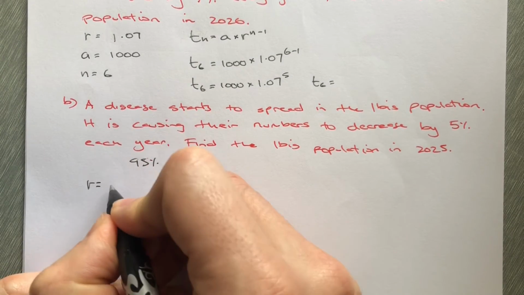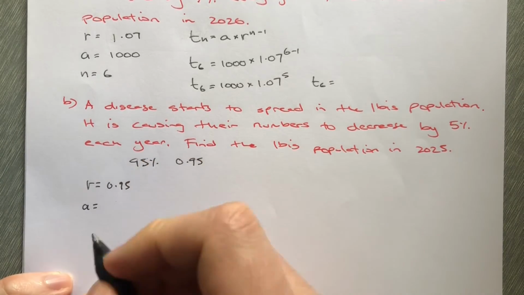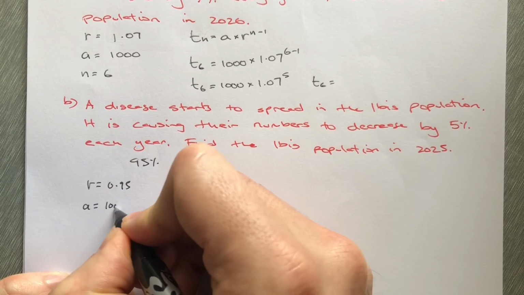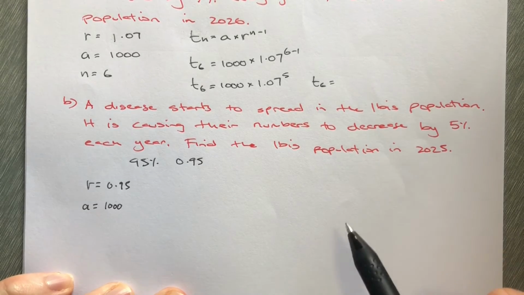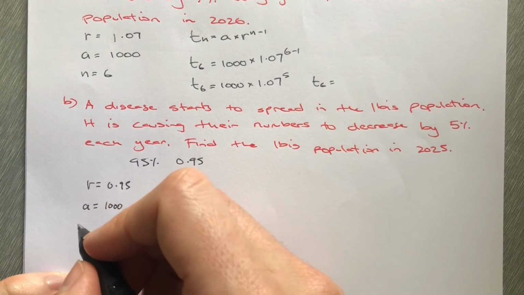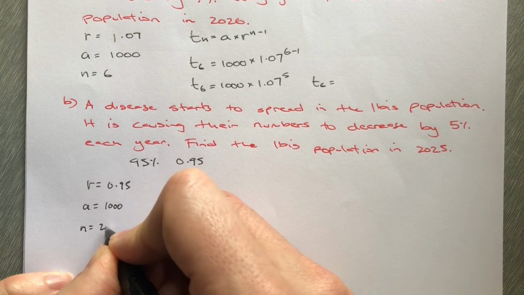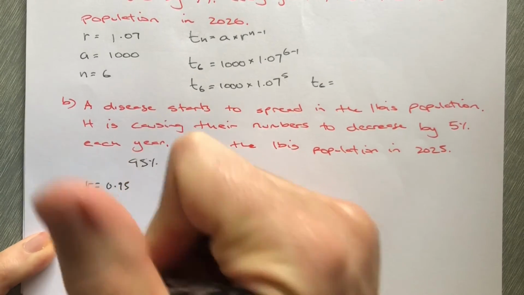Our A value, which is our starting value, is supposed to be 1,000, as before. And we want to find the ibis population in 2025. We started in 2021, so our n value is going to be 5. So we want the 5th term.